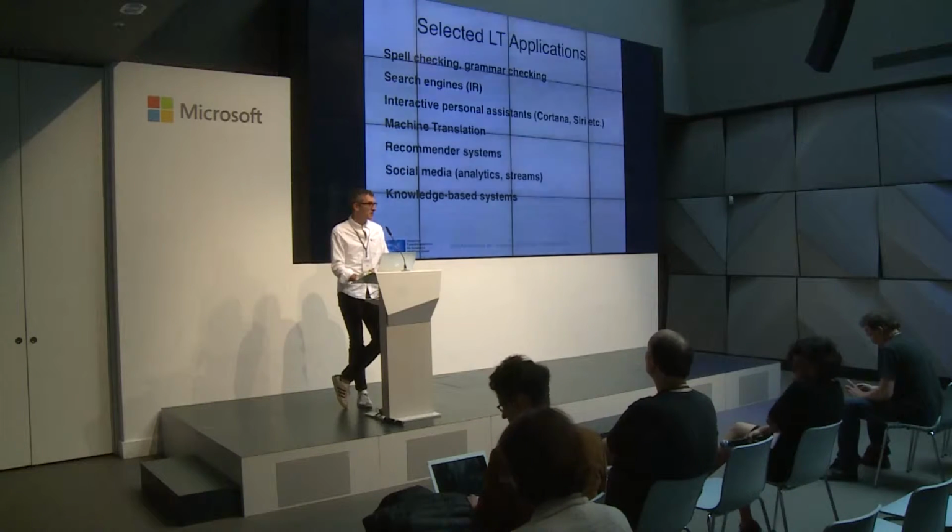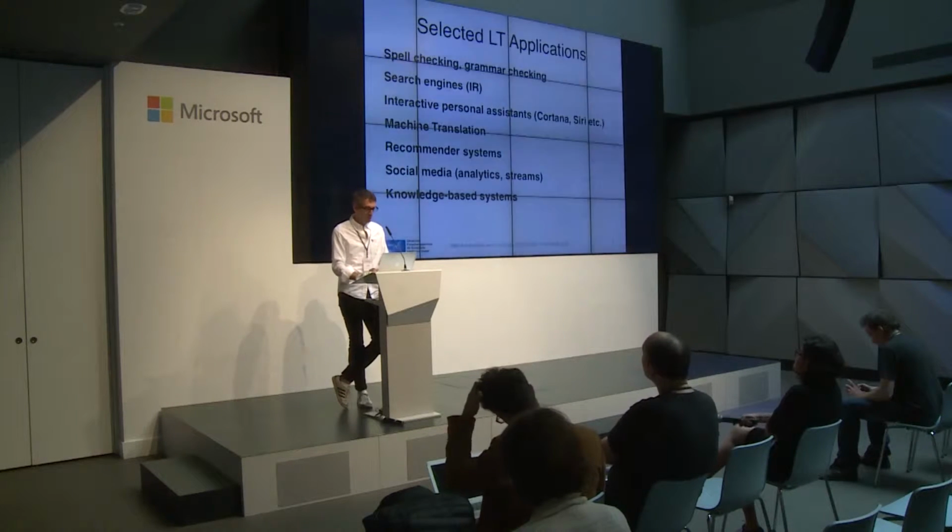Interactive personal assistants, a whole different category. The likes of Cortana or Siri or Amazon Echo is brand new. Google just released a new product the other week on interactive personal assistants, machine translation, of course, and several others.